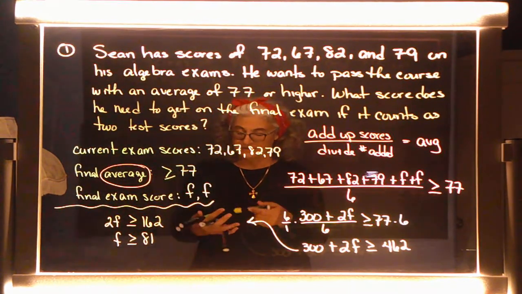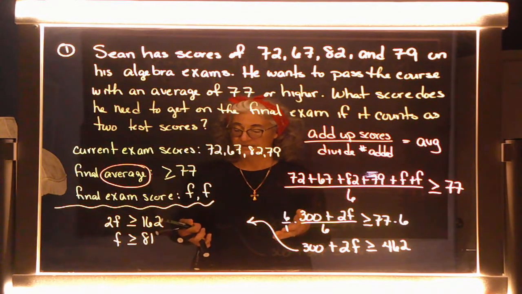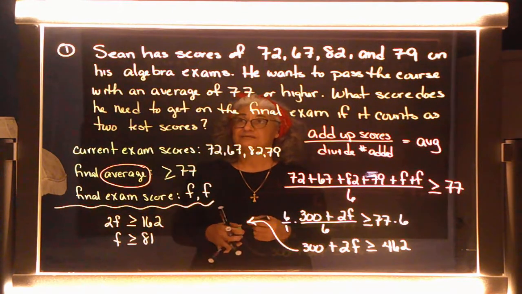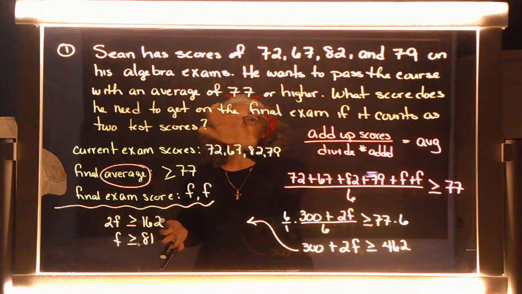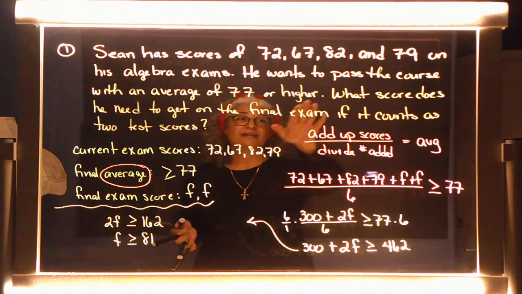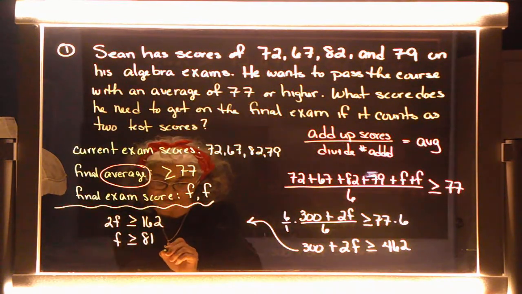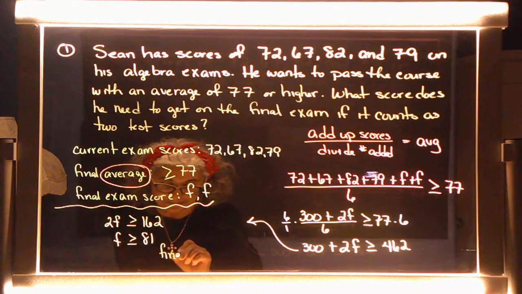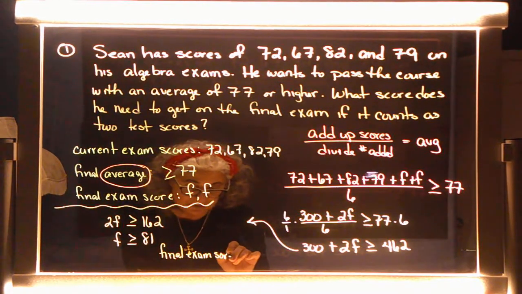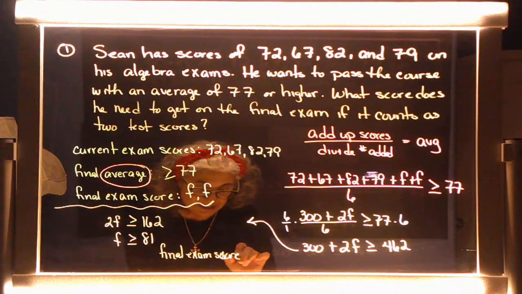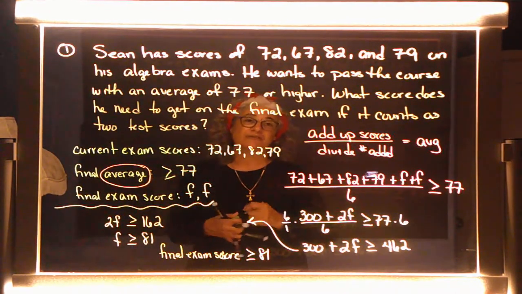So, what does Sean need to get on his final exam if he wants his average in the class to be 77 or higher? 81. The final exam score needs to be greater than or equal to an 81 in order to achieve his goal.